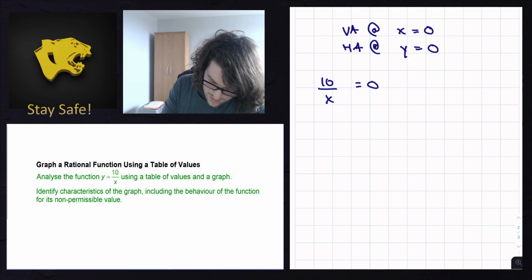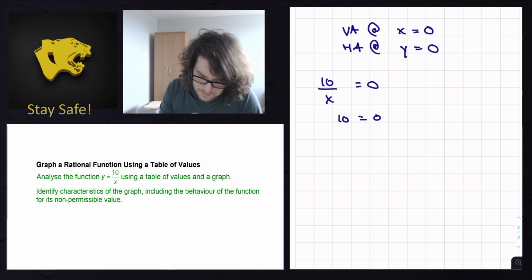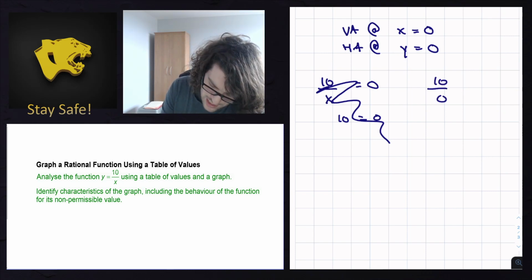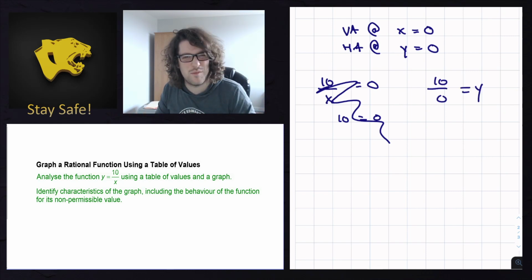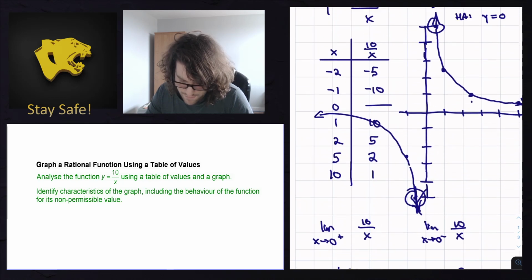If you multiply the x up on the other side, it just gives you nonsense. 10 equals 0, and so there's no solution to that. So there are no x-intercepts when the y is 0, and then if we test it out, what's the y-intercept? Well, again, 10 divided by 0 just doesn't make much sense. So neither one of those are going to give us any intercepts, which we saw from the graph. It looked like that was going to be the case.